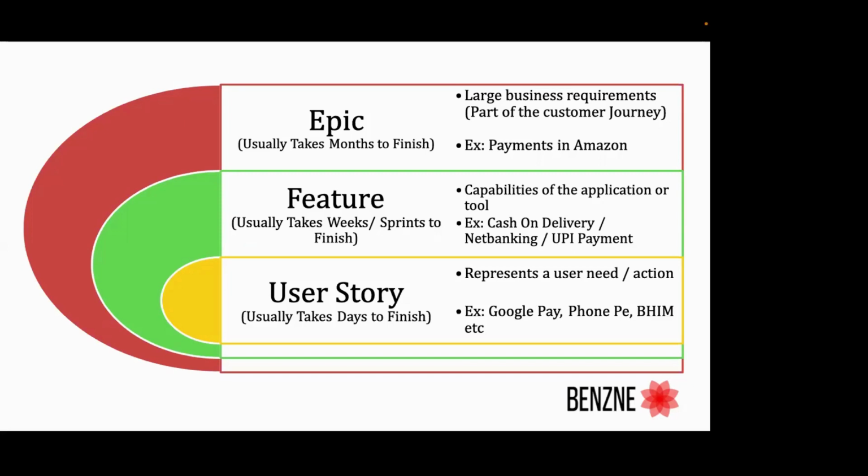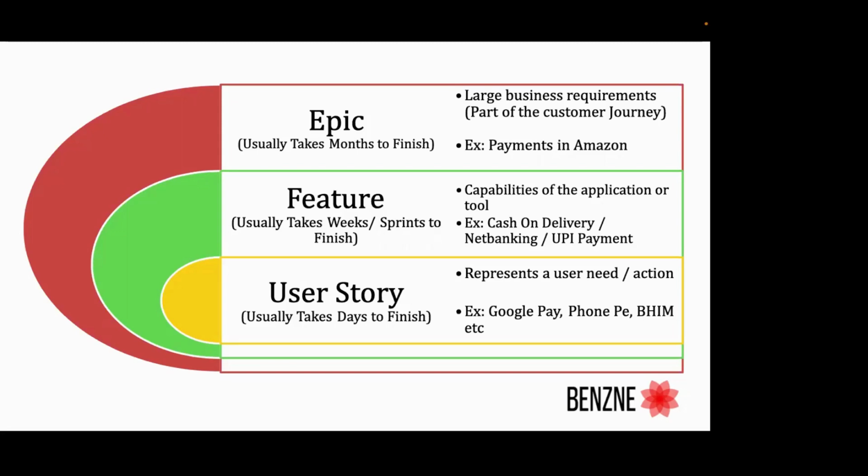So when you talk about a customer journey, which I just mentioned for Amazon, each and every phase eventually becomes an epic for us. So that is a huge requirement which I'm talking about. I've given an example here of payment. So when I spoke about Amazon, payment was after maybe cart management.